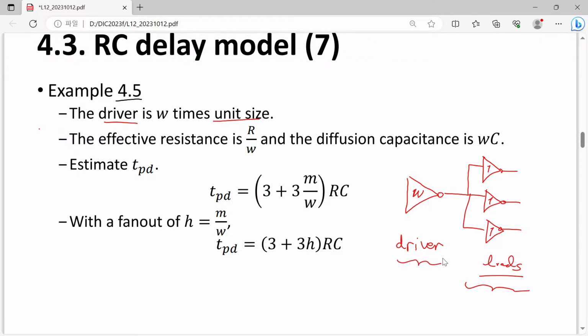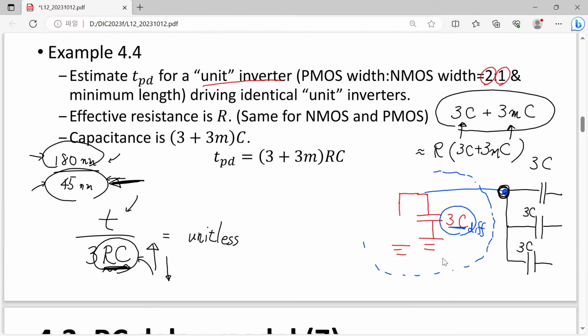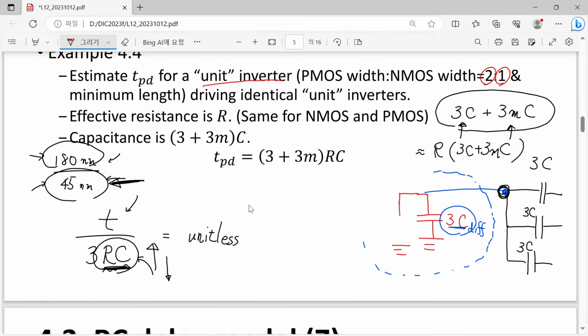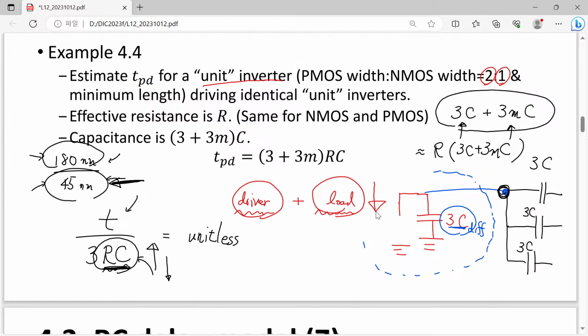So what we can expect is, if the propagation delay comes from the driver itself and the load part, let's say that this is the component originated from the driver itself, and there is another component that comes from driving the loads. Then if we have a more powerful driver, what we can expect is maybe this part will be reduced.